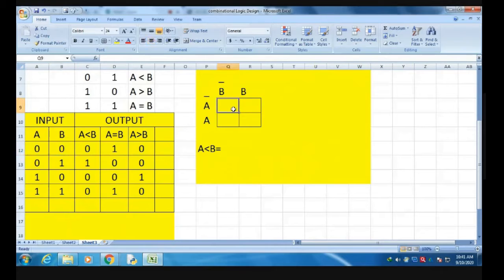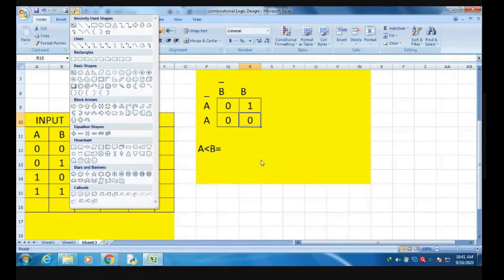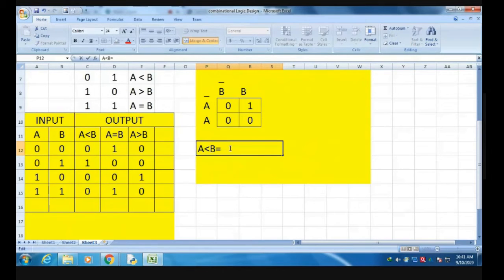Here is 0, this is 1. 0 0 gives 0, 0 1 gives 1, 1 0 gives 0, 1 1 gives 0. Then what will the equation be? Yes, the equation is equal to A bar B.